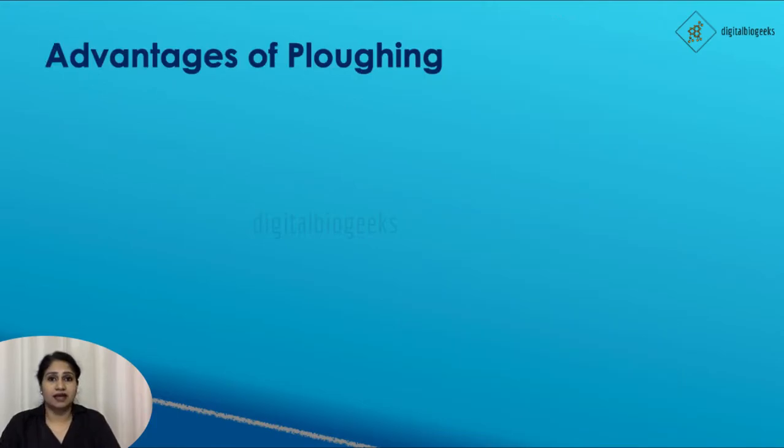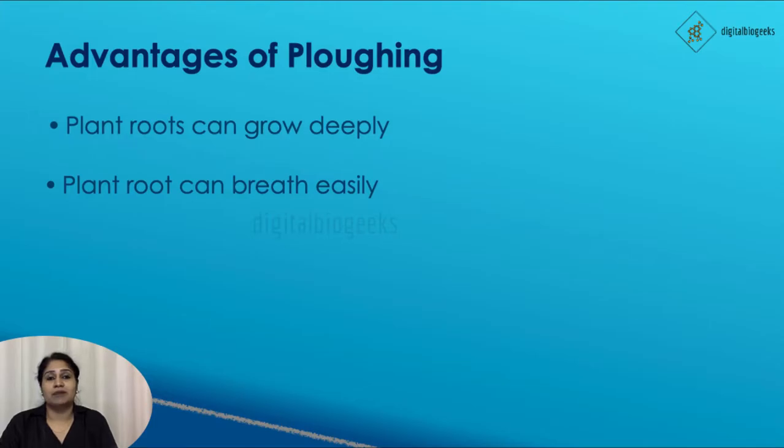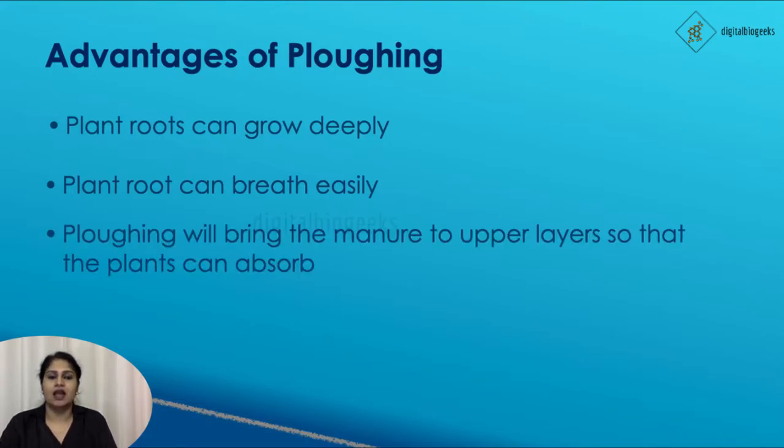Let's see what the advantages of ploughing are. The upper layers of soil support plant growth. We should loosen it so that the plant roots can grow deeply. Plant roots can breathe easily. Loosening of soil will increase the aeration in soil and roots can breathe easily. Ploughing will help to bring the manure to the upper layers so that the plant can absorb it.